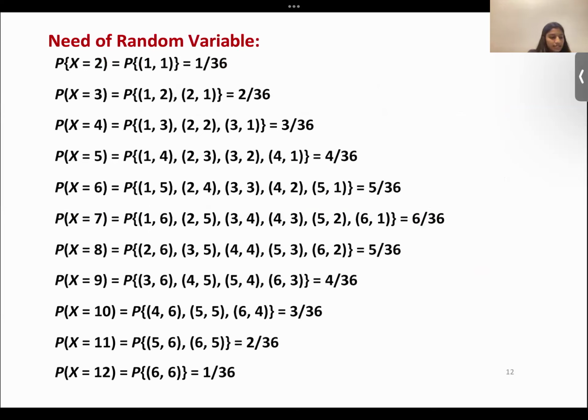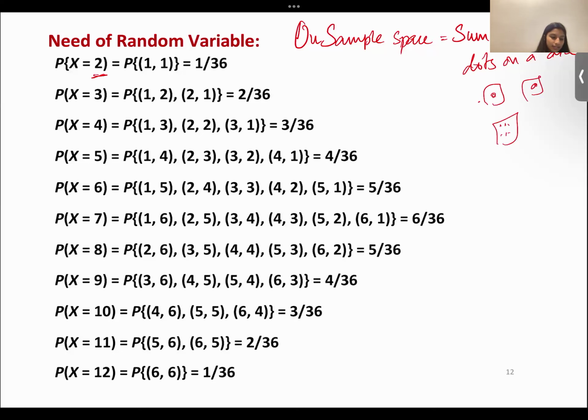Let your experiment be one where you record the sum of the dots on a dice. In that case, your sum can be 2, 3, 4, up to 12, because you cannot have anything below 2. When you roll a dice, your minimum value is 1 plus 1 and your maximum is 6 plus 6, which is 12.